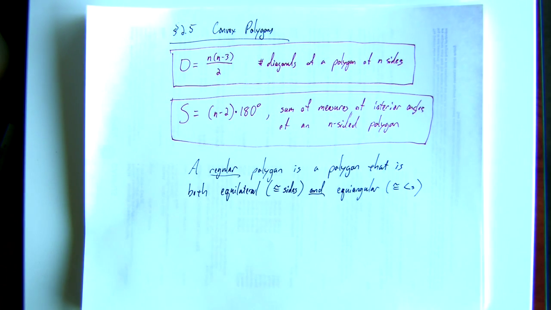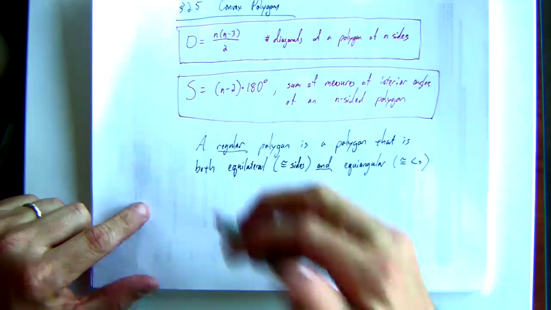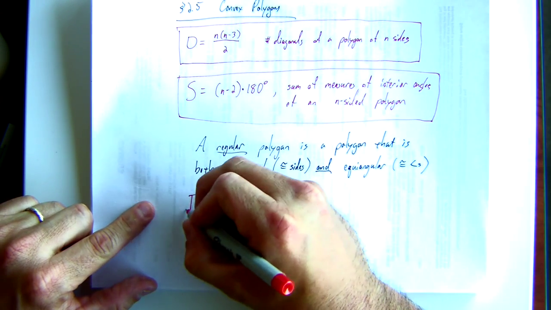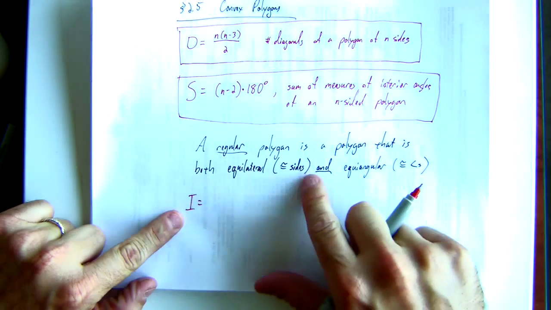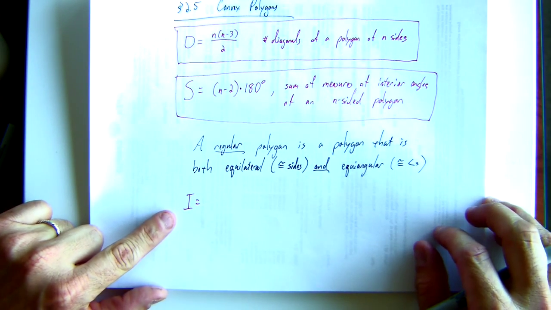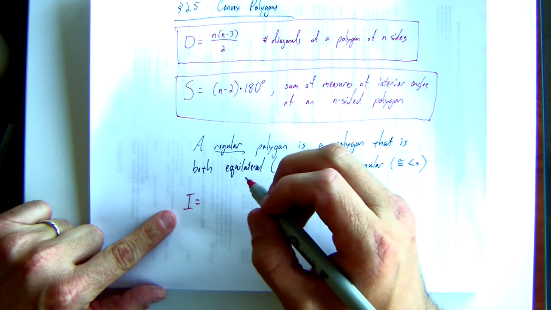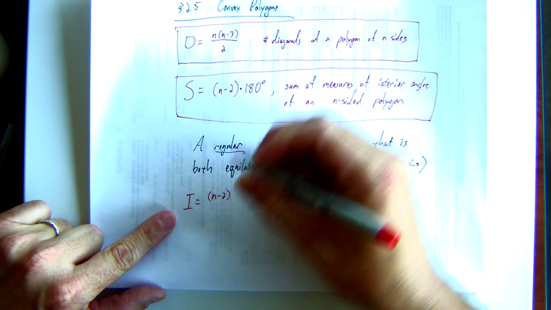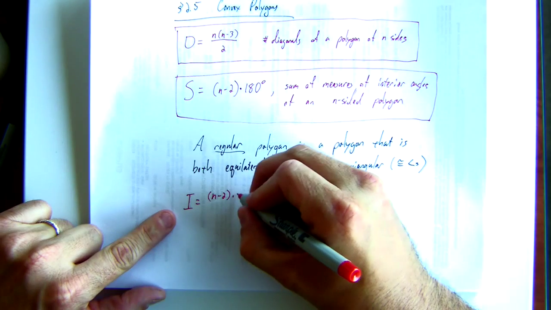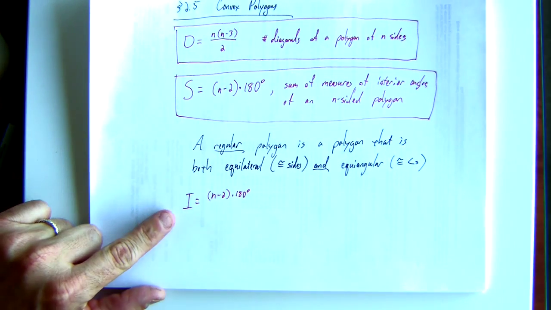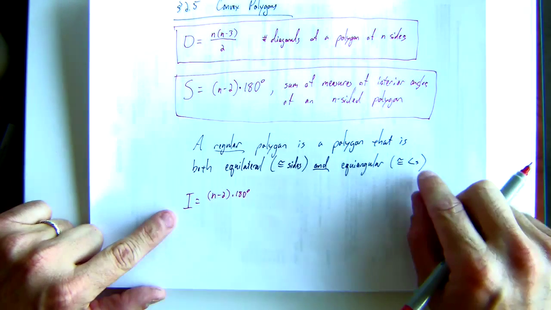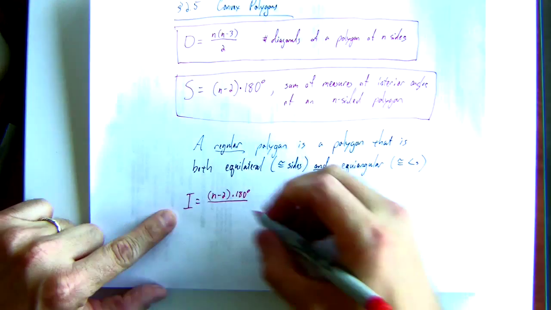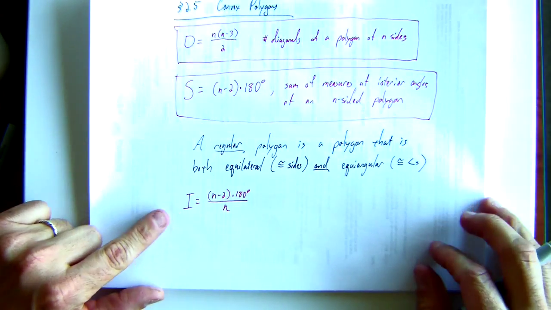And so the last formula that I want to give you is the measure of an interior angle of a regular polygon. Well, we know that the sum of all the angles is (n minus 2) times 180 degrees. But then all the angles have the same measure, so we just divide that by the number of angles we have, which is n.